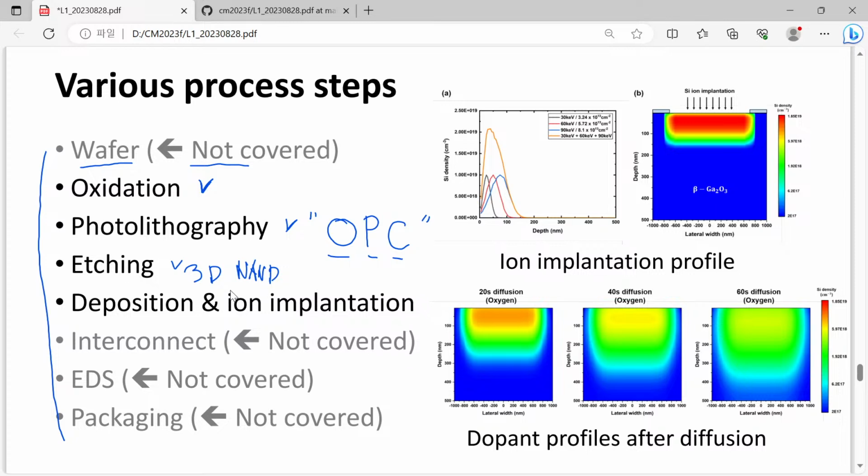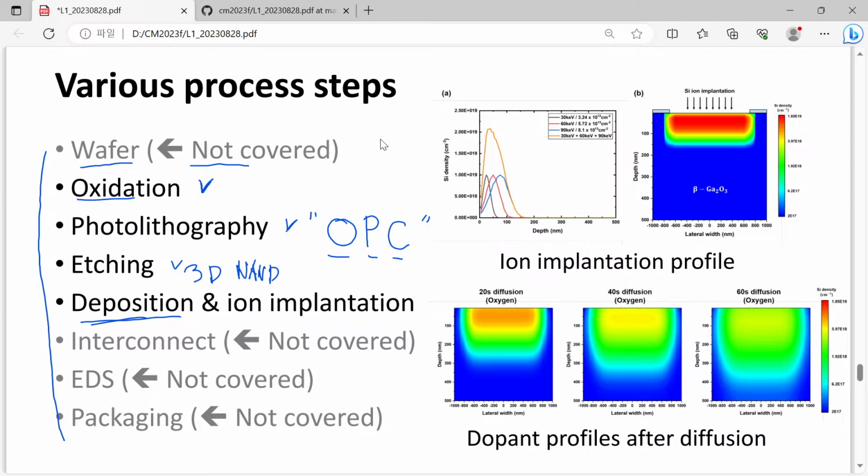And deposition is just to introduce a new material layer on top of a predefined material layer. Deposition is quite important, of course, and oxidation and deposition are a little bit different.